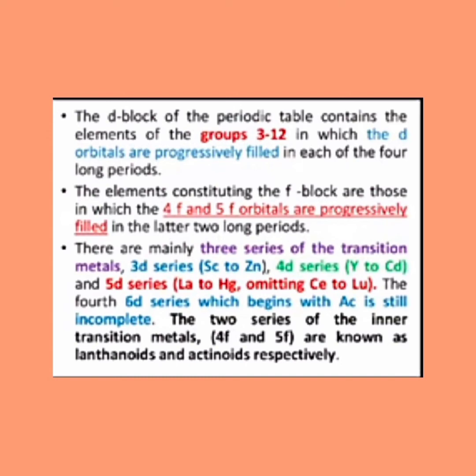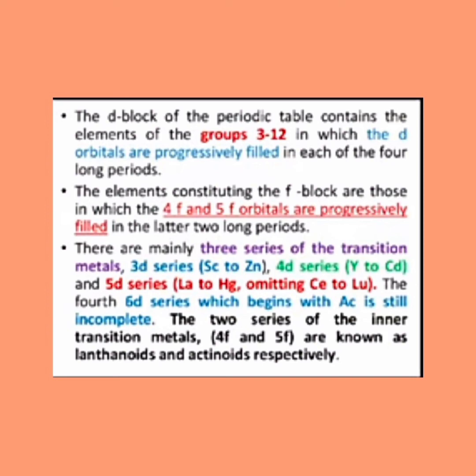The D block of the periodic table contains elements of group 3 to 12 in which the d orbitals are progressively filled in each of the 4 long periods. The elements constituting the F block are those in which 4f and 5f orbitals are progressively filled.